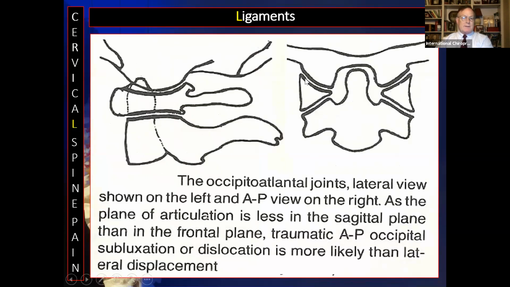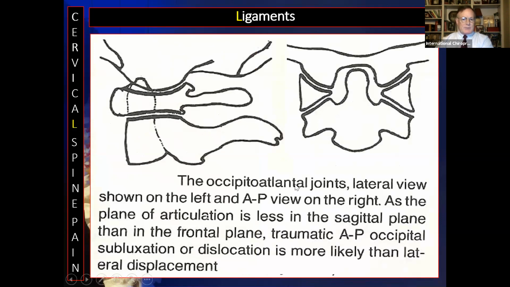Now, again, this wedge-like relationship of C1 is kind of exaggerated, but you get the idea of how stable this is. The instability is way more in an anterior-posterior relationship because of these shallow relationships versus these very deep angulated relationships.